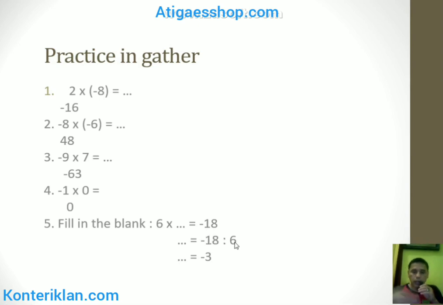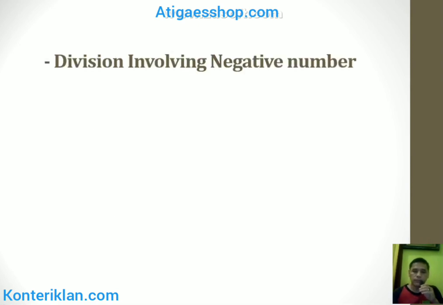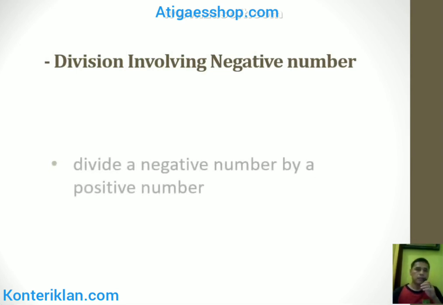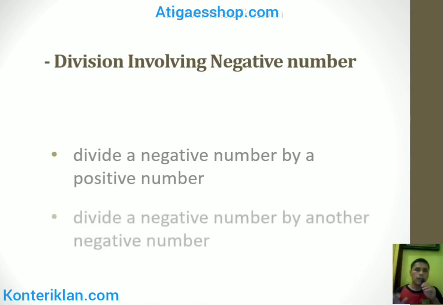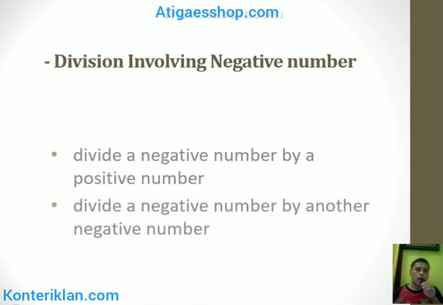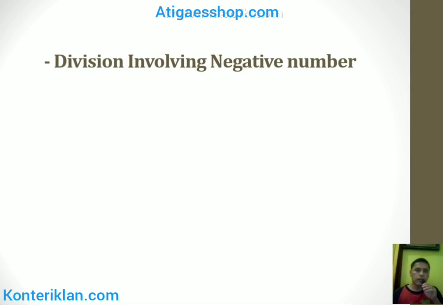After this, I have to explain to you the key concept of division. Now here we go for division involving negative numbers. You can study how to divide a negative number by a positive number, and how to divide a negative number by another negative number.